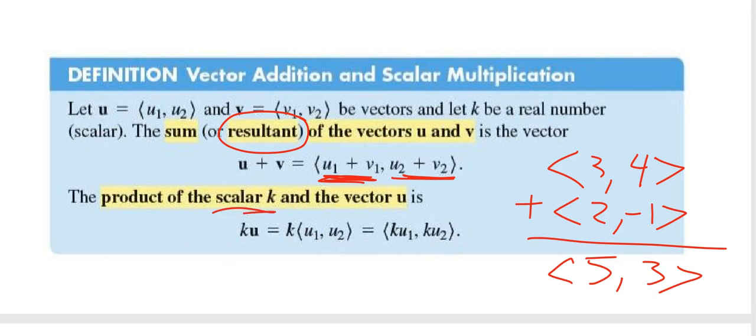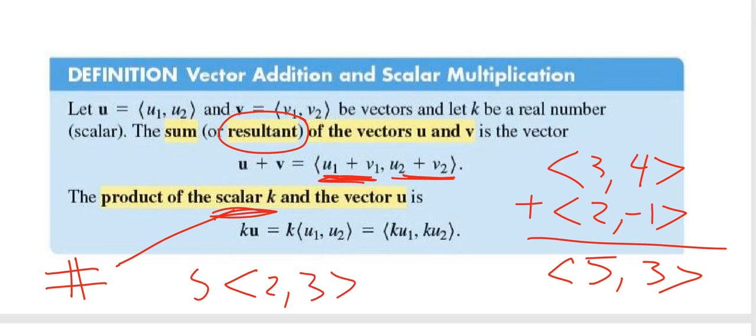Now, a scalar, if you're using that term at a party, is just a plain old number of the universe. It's not a vector. It is a number. So if you want to take a vector such as 2, 3, and you want to multiply it by 5, which means you are lengthening the vector. How do I know that I'm lengthening the vector?